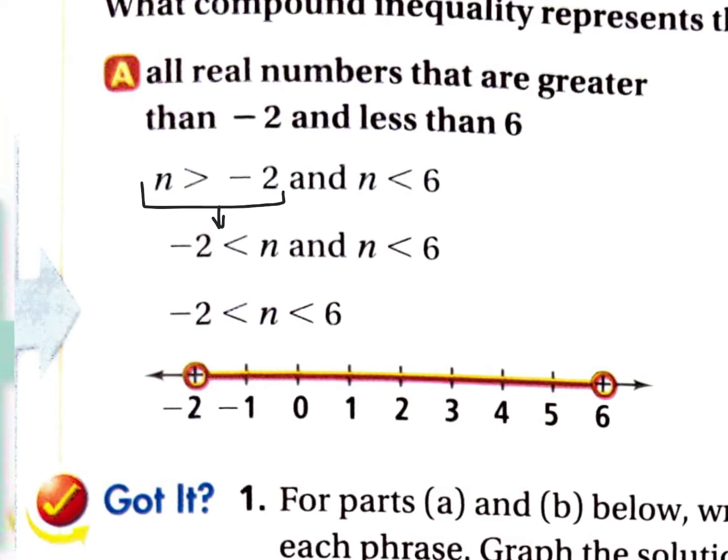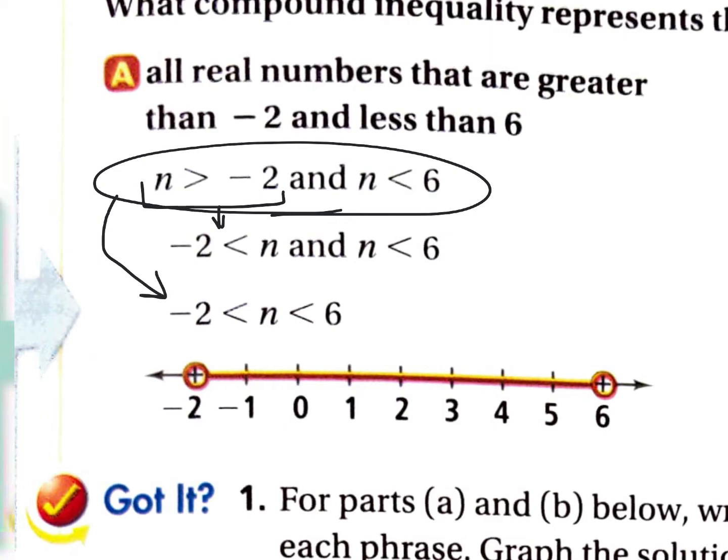Basically, that means that n is going to be in between -2 and 6. And if you can get that based off of this idea, then that's fine. If it's greater than one thing and it's less than another thing, that means it's going to be in between those two things. So we can rewrite it that way as our compound inequality.